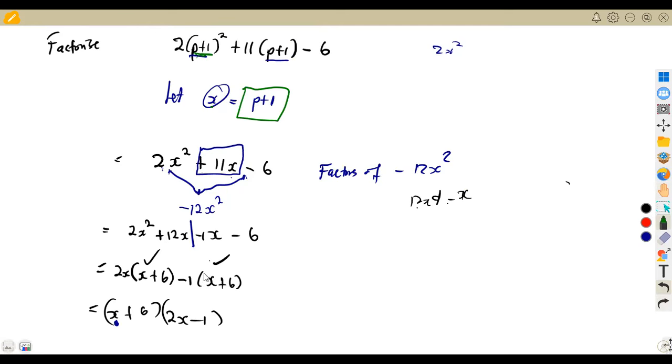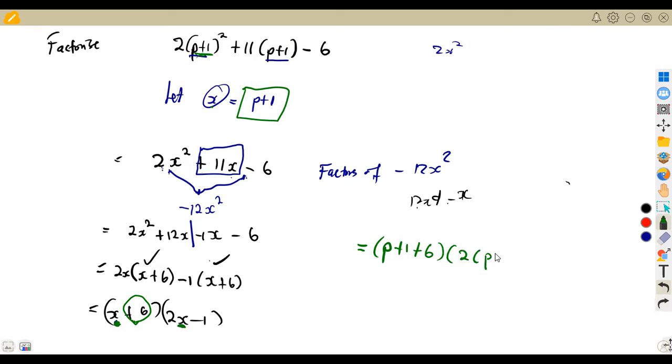Now in place of x, we're going to bring back p plus 1. So this is equivalent to substituting p plus 1 in place of x, but there is a plus x which is already there. Be careful, it's 2x, which means 2 times x, so we have 2 times (p plus 1).